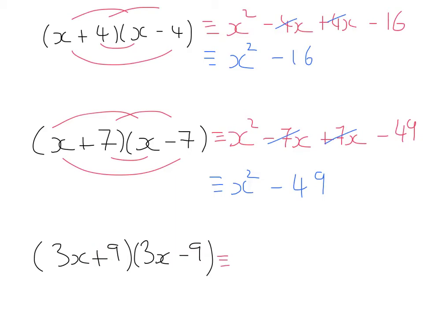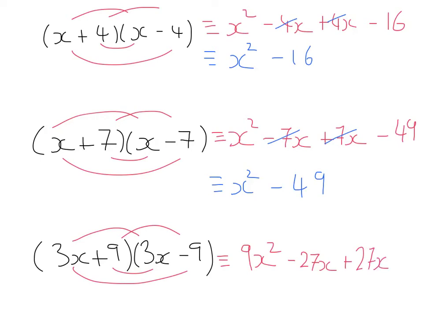And so now if I expand the brackets here, I'm going to get 3x multiplied by 3x is 9x squared. 3x multiplied by negative 9 is going to be negative 27x. 9 multiplied by 3x is going to be positive 27x.